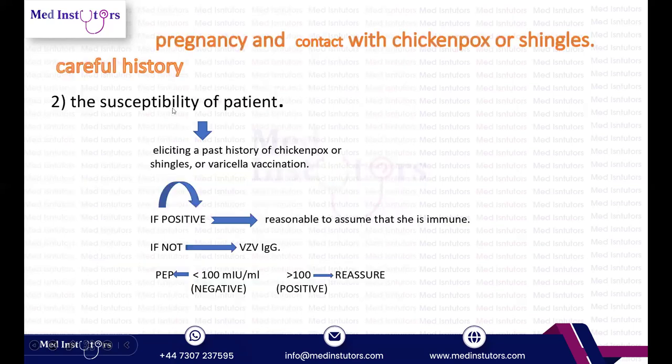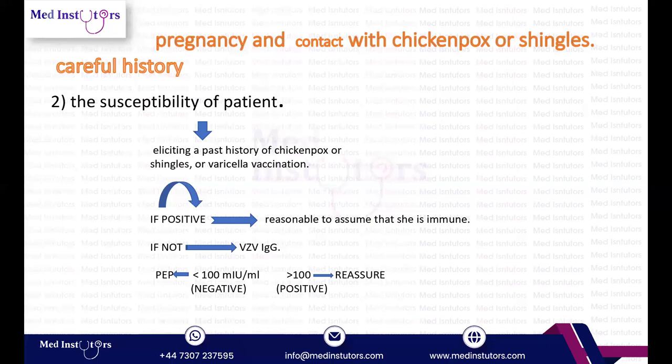And so after history of the duration, we have to see the susceptibility of the patient as well. And how can we elicit it? By again taking a detailed history. History of what? Past history of chickenpox, shingles, or varicella vaccination. So we have to ask her, because the study says that if anyone has had a previous infection, there is a 98% chance that they have lifetime immunity, right?